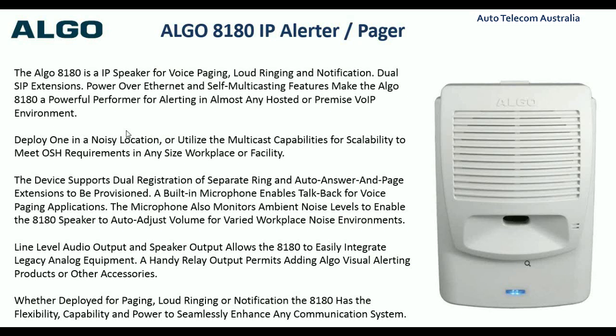For example, if I had one master unit with extension 201, I could put another 5 8180s in different parts of the building across the same LAN network and set them as slaves and have them multicasting into a different group. So we can have page group 1, 5 of them go off, page group 2, another 6 different units would go off, but all using one SIP registration.